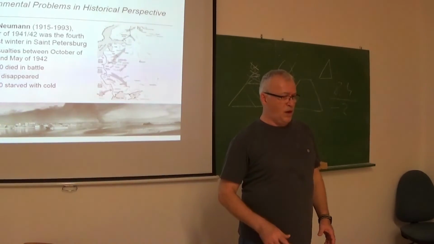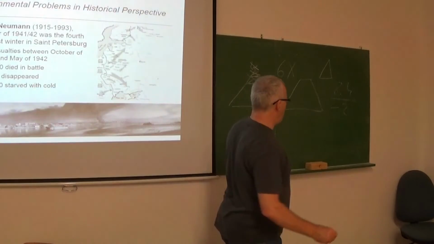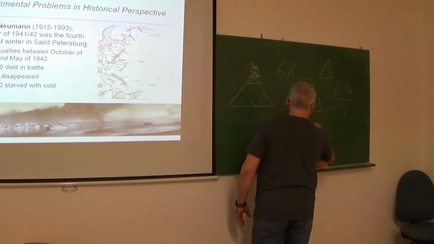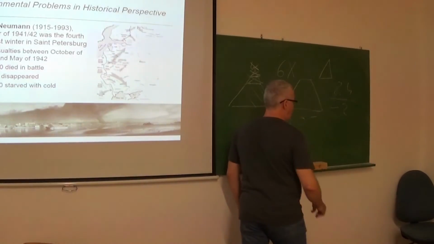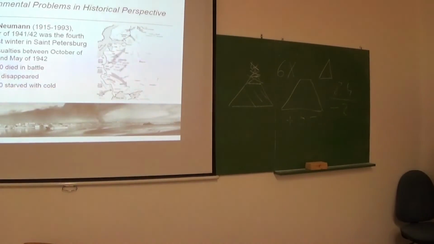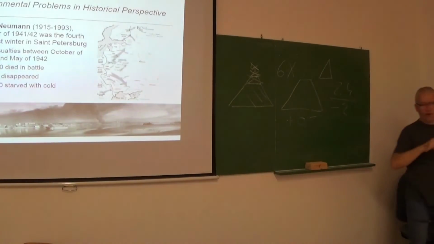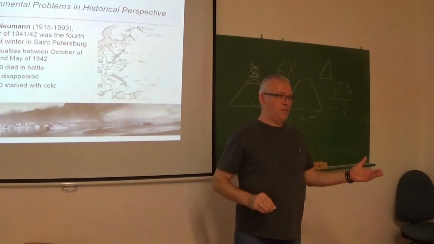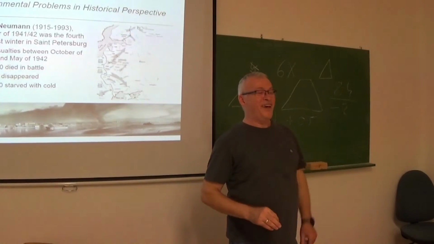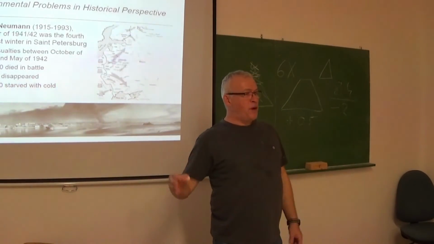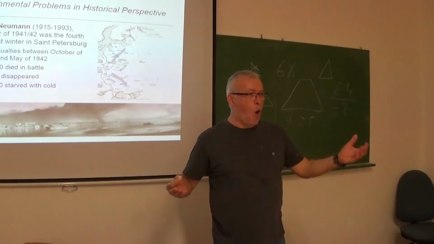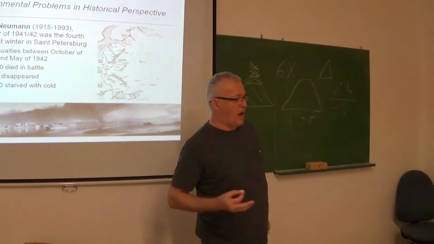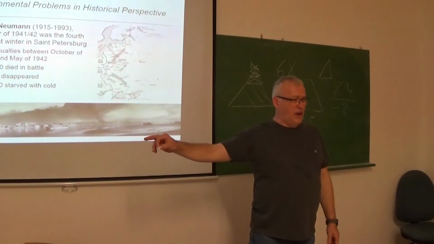The winter average temperature is plus 0.5, only January below zero. And in Germany, much warmer. Why? Because of the nearness of the ocean and the ocean climate influence. But in Russia, it's very cold.